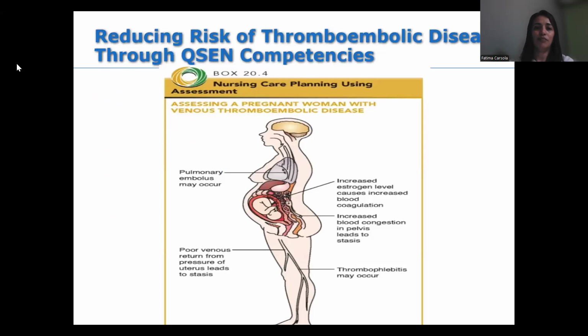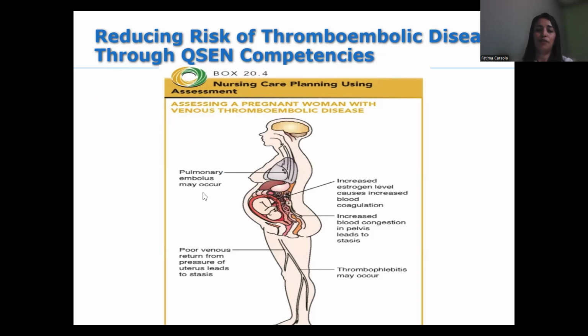Another problem could be this one, the thromboembolic disease. So what will you do? For this one, we only want to focus on what intervention, because there are a lot of cardiovascular disorders during pregnancy. Of course, because there is the possibility of pulmonary embolus, okay?